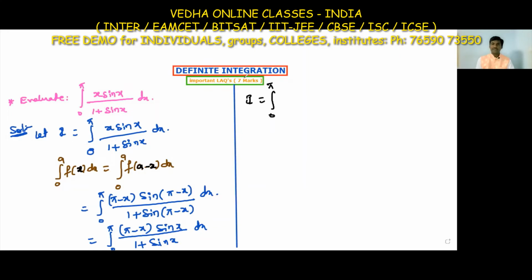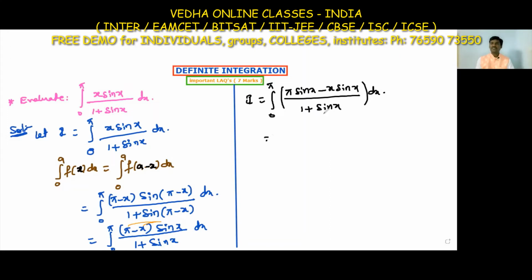If we multiply inside, pi into sin x is pi sin x, minus x into sin x is x sin x, divided by 1 plus sin x, and whole dx as is.